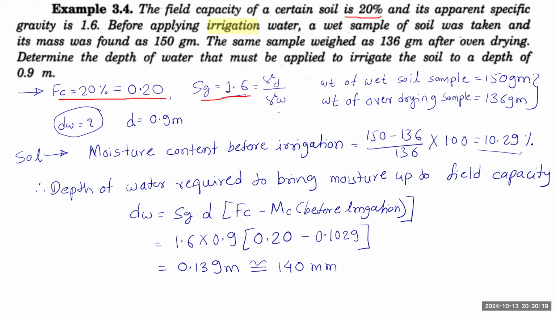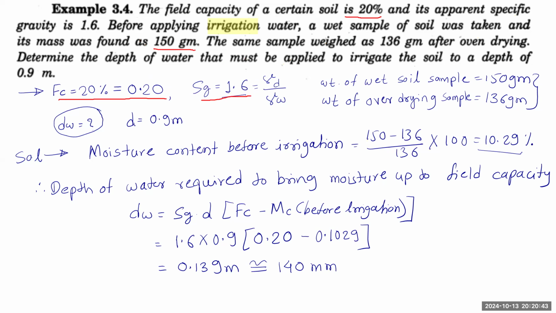Now see the next sentence. Before applying irrigation water, a wet sample of soil was taken and its mass was found as 150 grams.